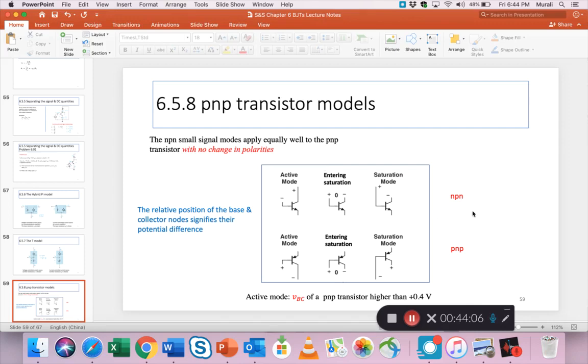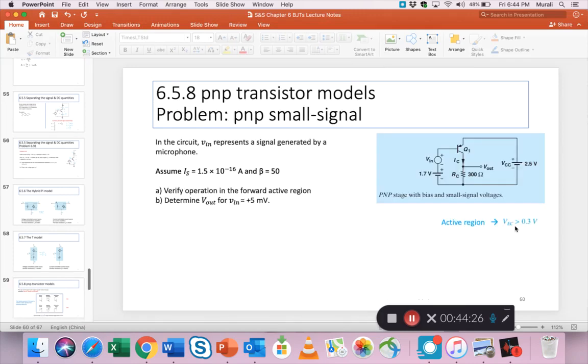So does anything differ? No, you still have no change in polarities. All the formulas we have learned still apply, and here I found another quick guide to how to understand whether a PNP is in saturation or active. Look through this, and this may help you also to understand active, saturation, and cutoff.